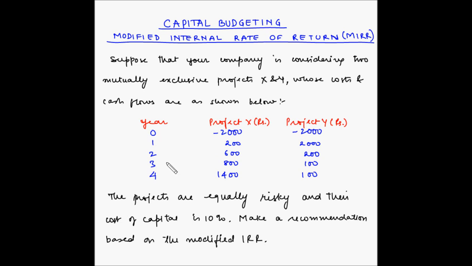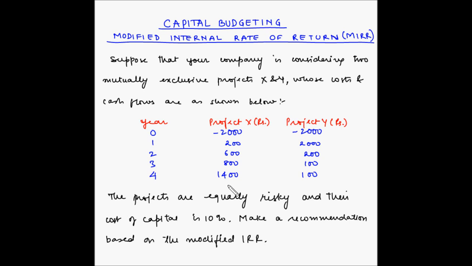So we have years and we have been given the costs and the cash flows for X and Y. The negative sign shows the cash outflow and the positive sign shows the cash inflows. The projects are equally risky and their cost of capital is 10%. Make a recommendation based on the modified IRR.